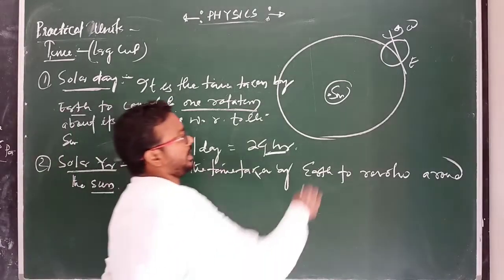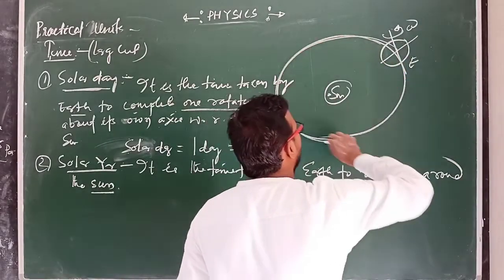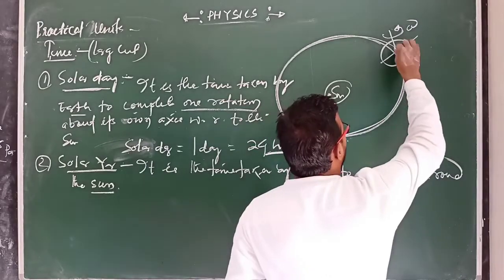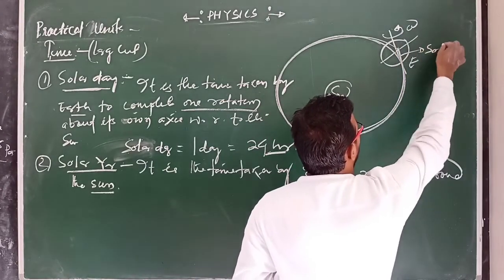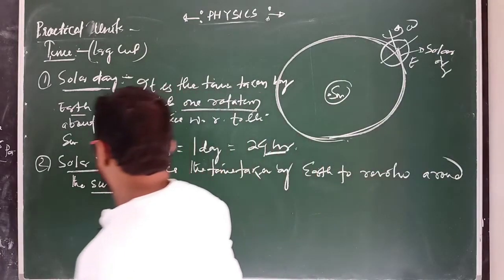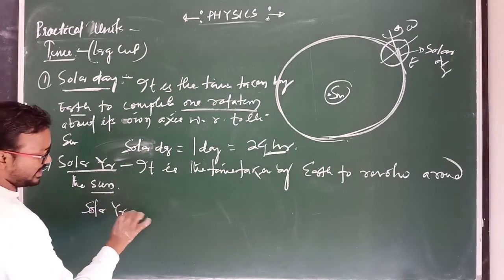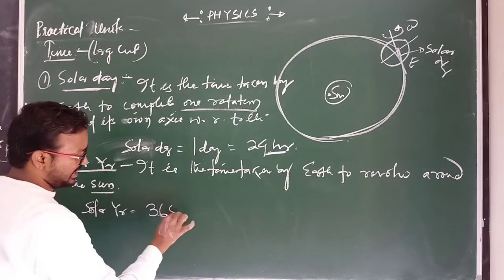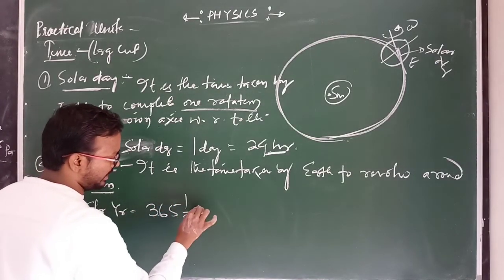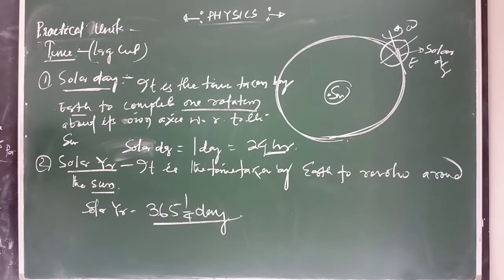Suppose the earth starts from this point and completes one revolution around the sun, that is known as a solar year. A solar year is equal to 365 and 1/4 days. Clear? This is known as the solar year.